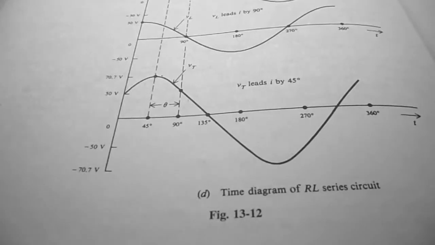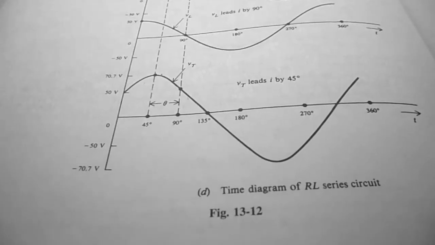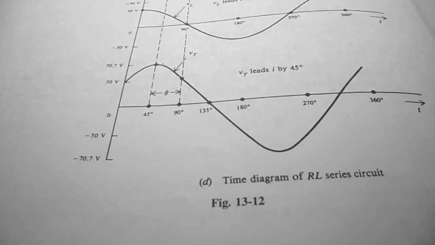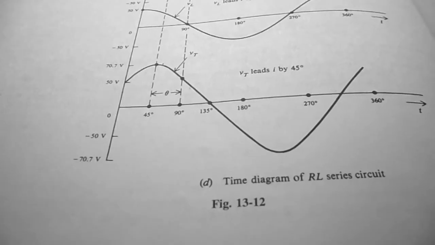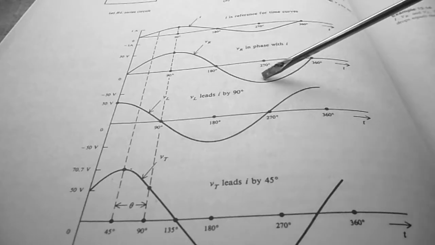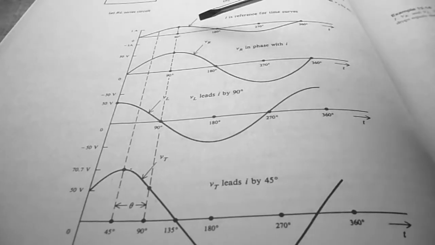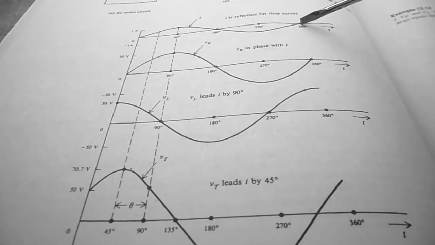In Sherman's Outlines, Basic Electricity 2nd edition, figure 13-12 shows us the timing diagram of an RL series circuit. I just wanted to remind you that VR, the voltage across the resistor, will share the same phase as the current.